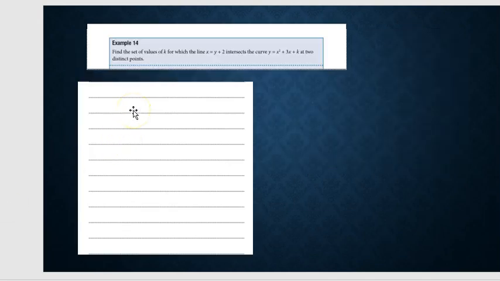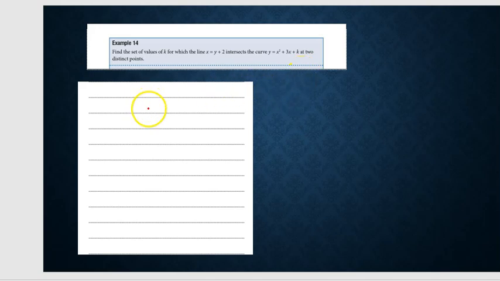Look at question number 14. Find the set of values of k for which the line meets the curve. So we have a curve equation and we have the line equation. The curve equation is given as y equal x squared plus 3x plus k.